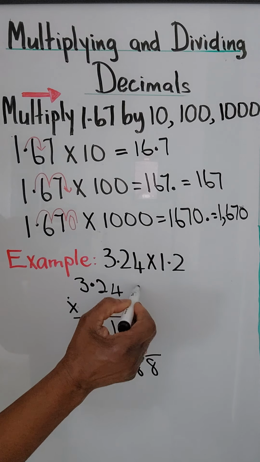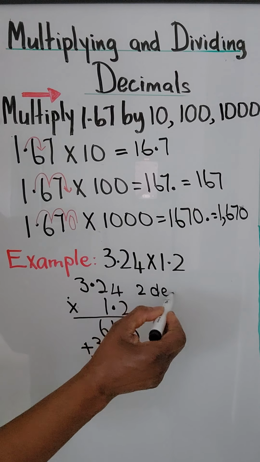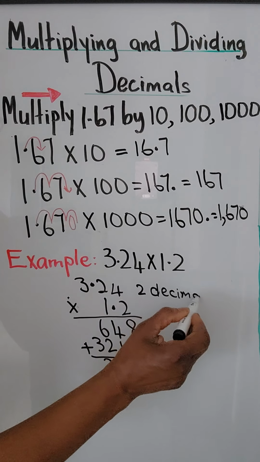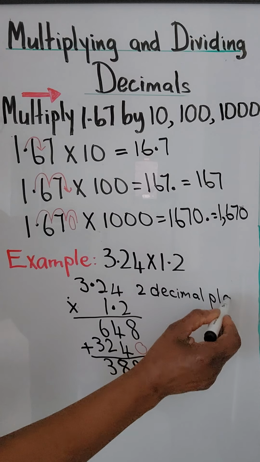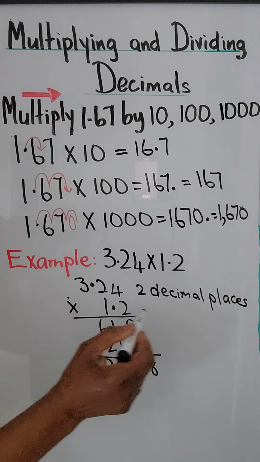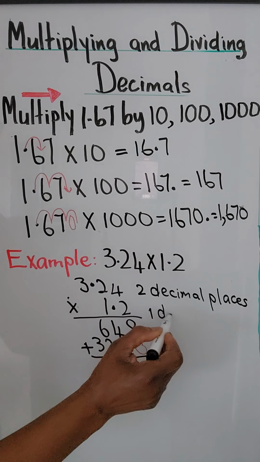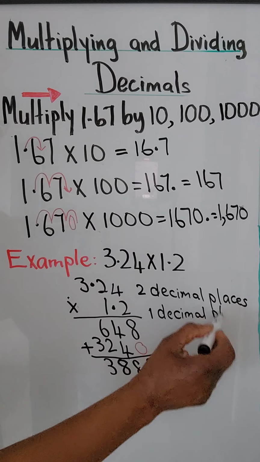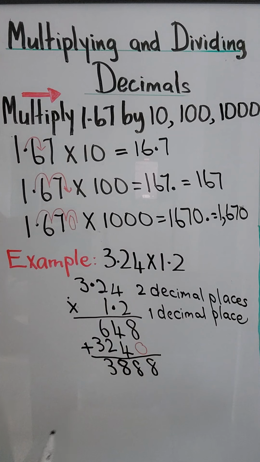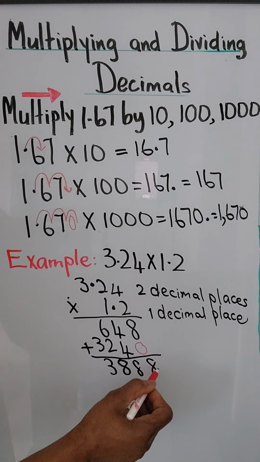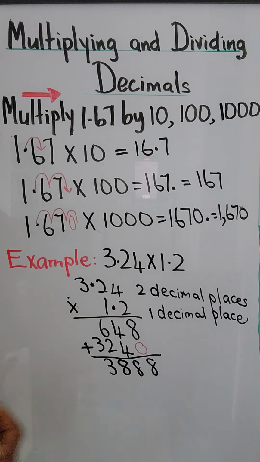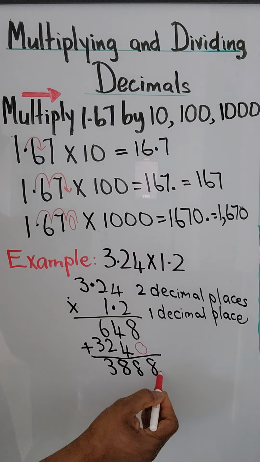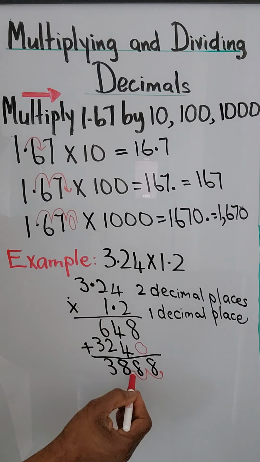3.24, 2 decimal places. 1.2, 1 decimal place. So therefore, our answer will have 3 decimal places, counting from right to left. One, 2, 3.